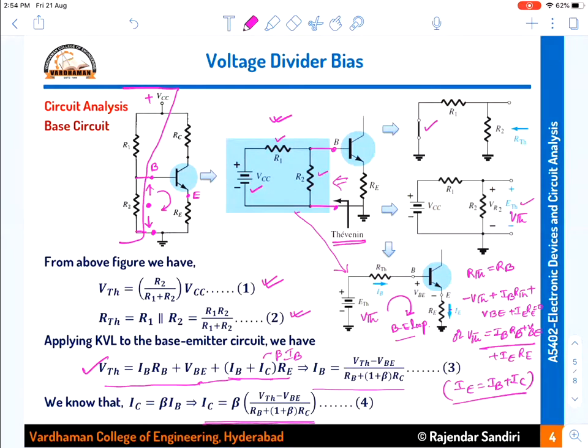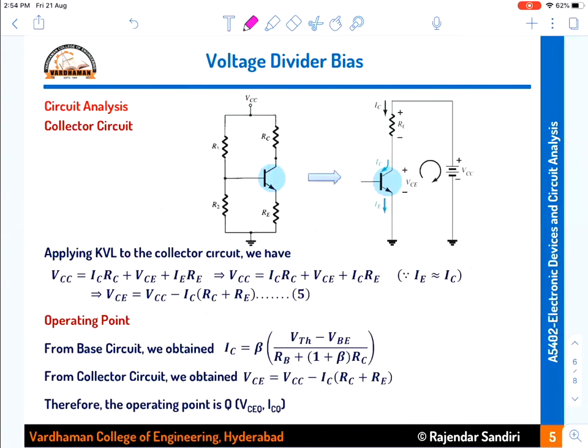V Thevenin is equal to R2 divided by R1 plus R2 into VCC, and R Thevenin is R1 parallel with R2, which is R1 R2 divided by R1 plus R2. We call this R Thevenin as RB, the base resistance. Thereby we derived the expressions for IB and IC. Equation number 4 is the operating point y-intercept.